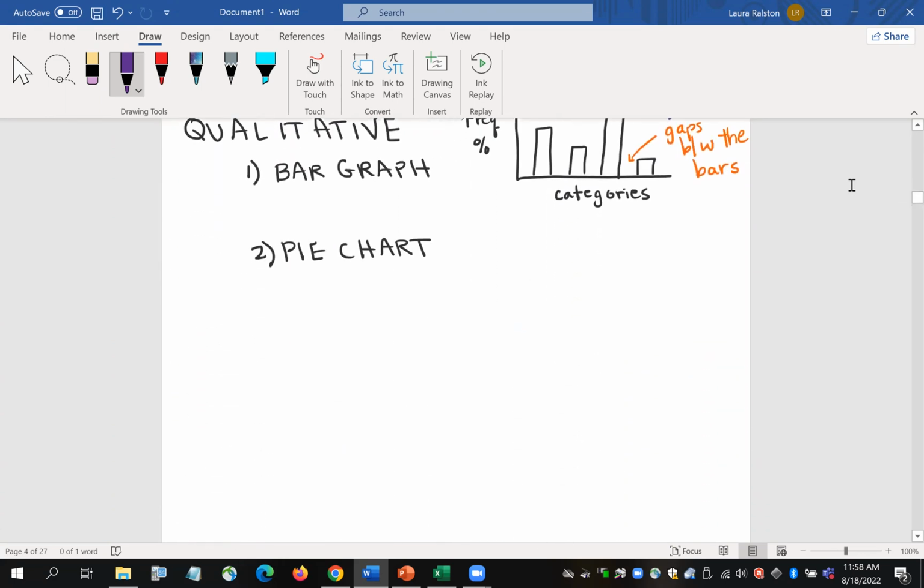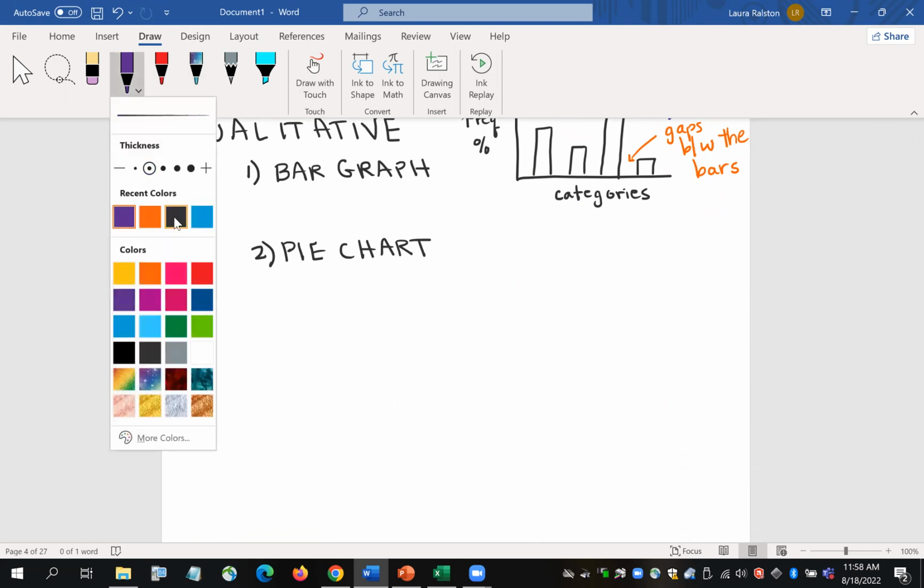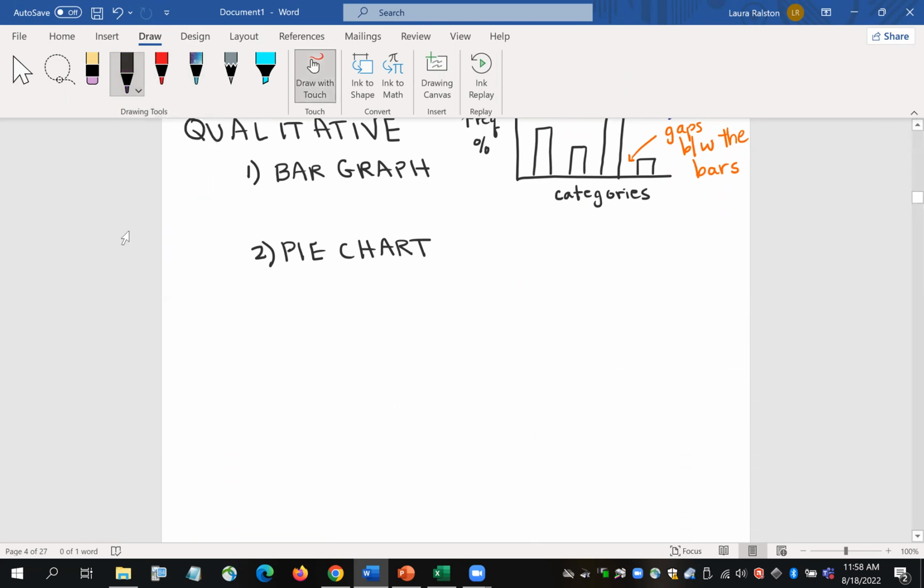The other type of graph that we talk about more so in this course with qualitative data is a pie chart. With a pie chart, think about it like a pie, a big circle, and then you have it divided into categories based on the percentages.